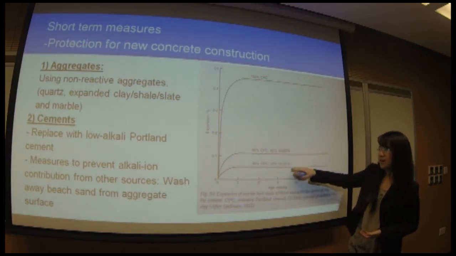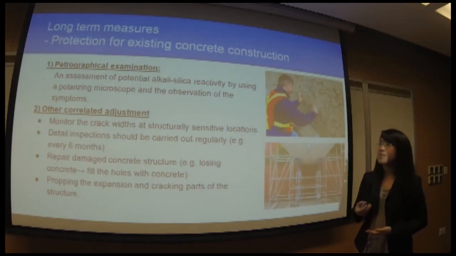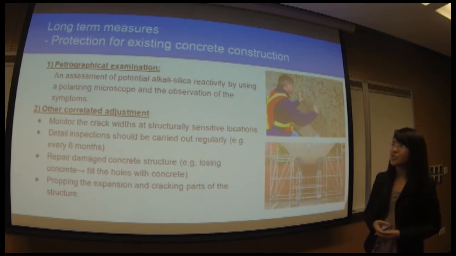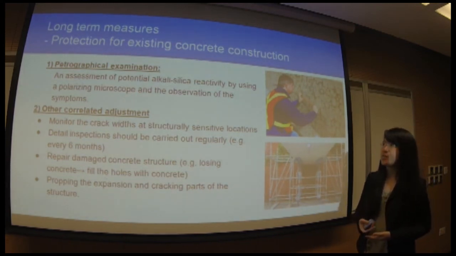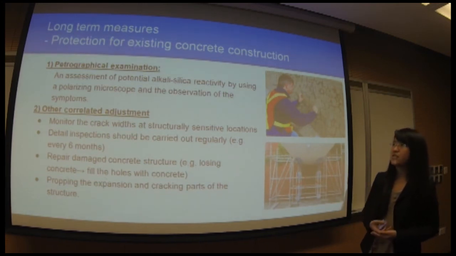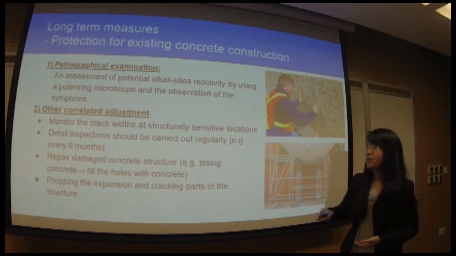For an existing concrete structure, a petrographic examination should be carried out using a polarizing microscope to measure the potential alkali silica reactivity, and the cracks should be monitored regularly, about once every 6 months.